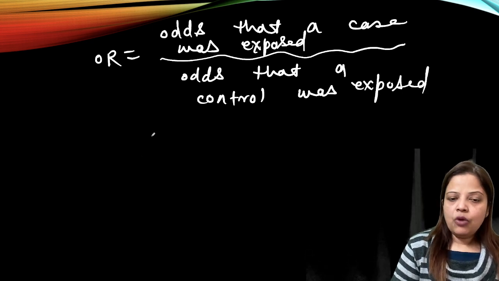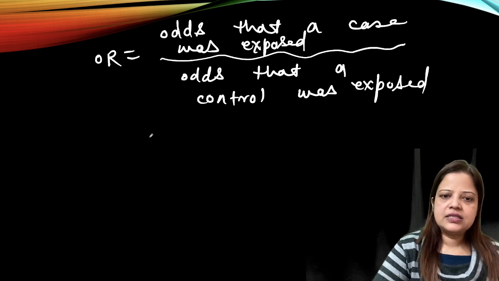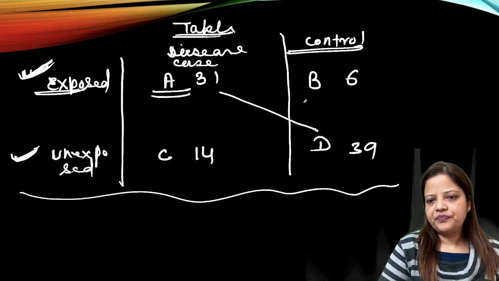Okay. Now we will cross multiply this table. We will cross multiply like this.